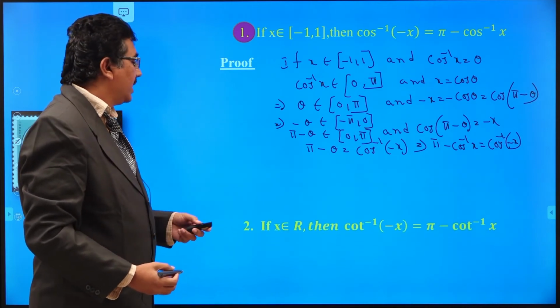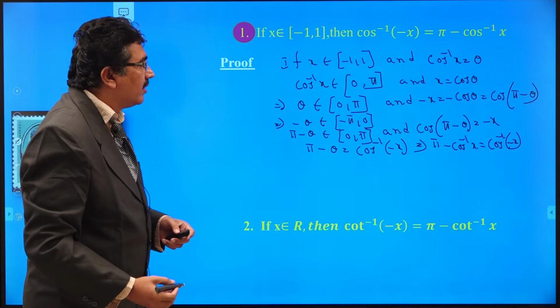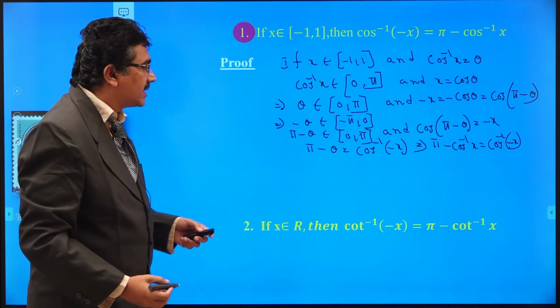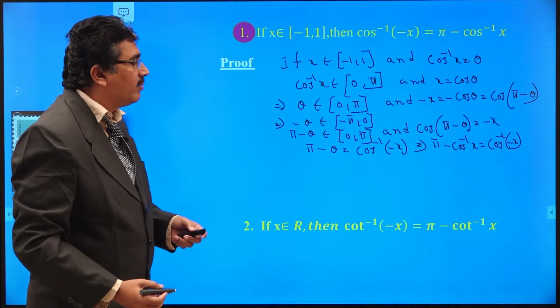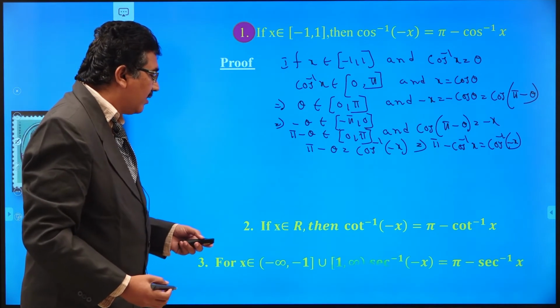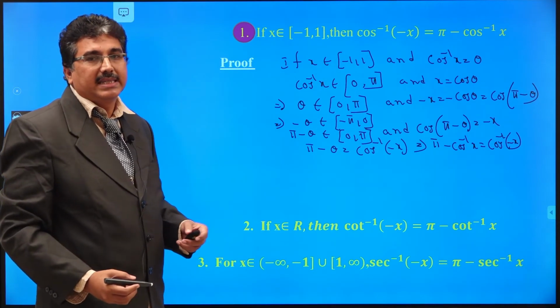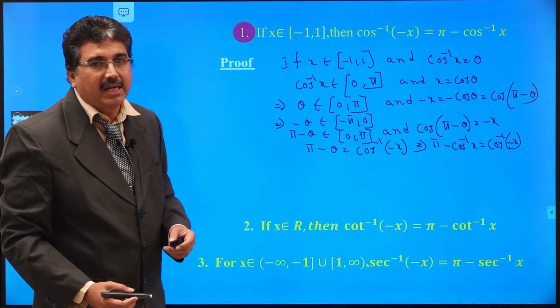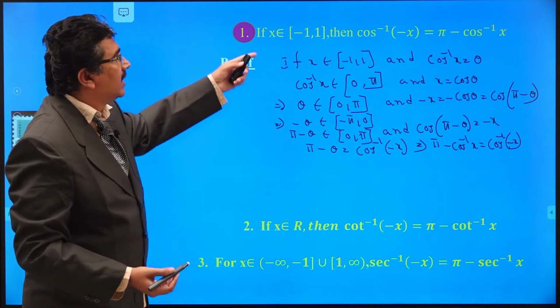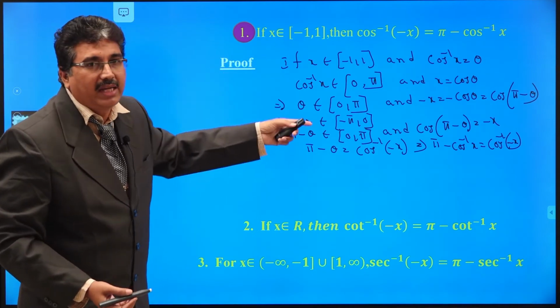This is the way of getting cos inverse of minus x is equal to pi minus cos inverse x. Now, what is the value of cot inverse of minus x? Cot inverse of minus x is equal to pi minus cot inverse x, and secant inverse of minus x is equal to pi minus secant inverse x. Tell me whether these functions are even or odd.